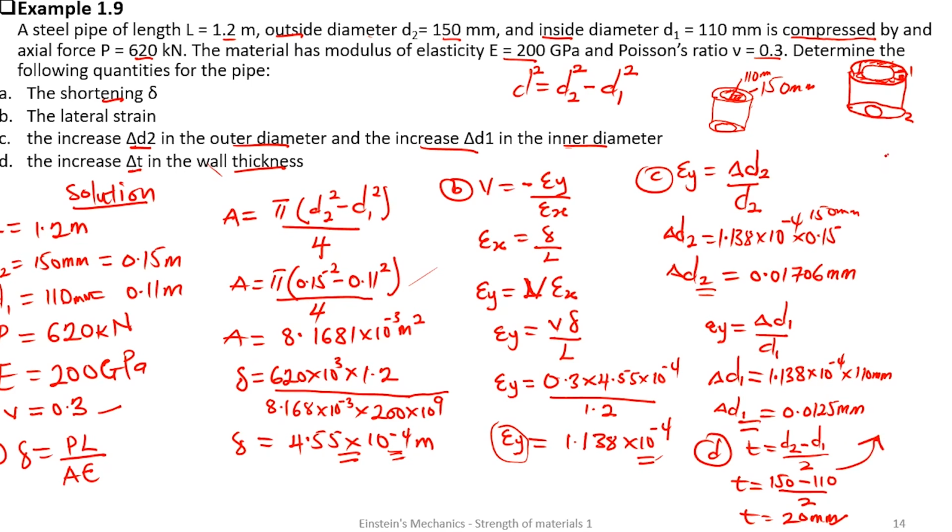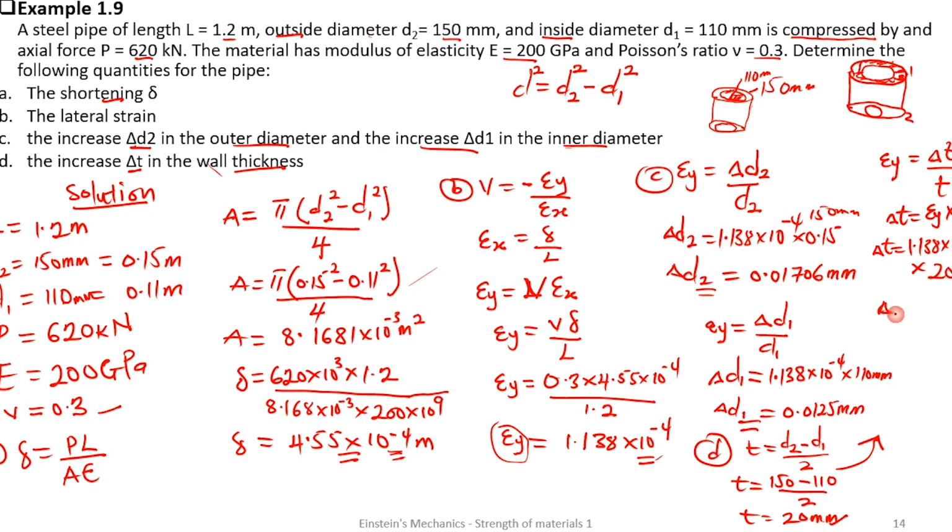So lateral strain is also change in thickness over thickness. So the change in thickness is going to be the lateral strain times the thickness. And we know the lateral strain is 1.138 times 10 raised to the power negative 4 times the thickness we just had, 20 millimeters.